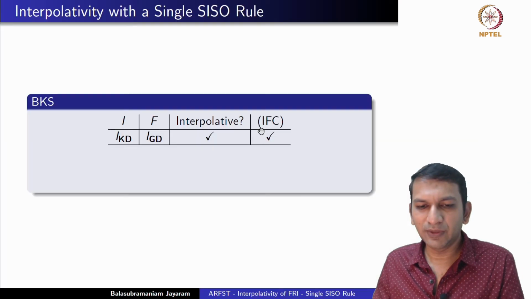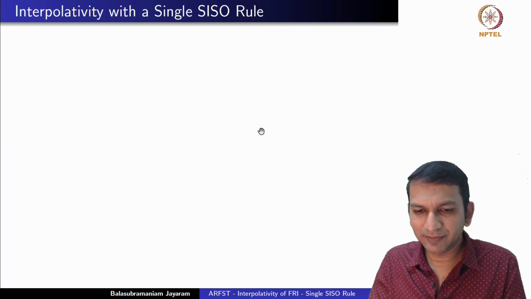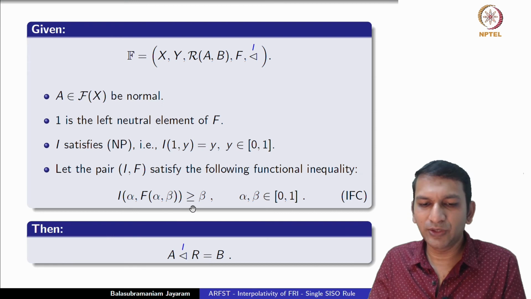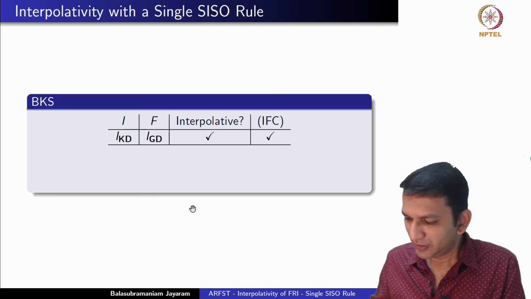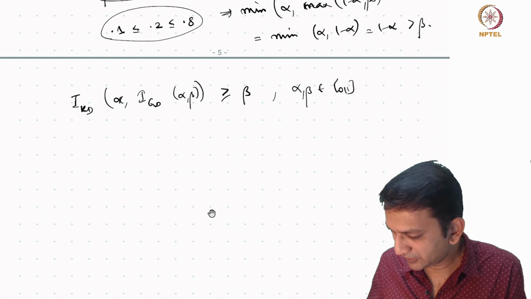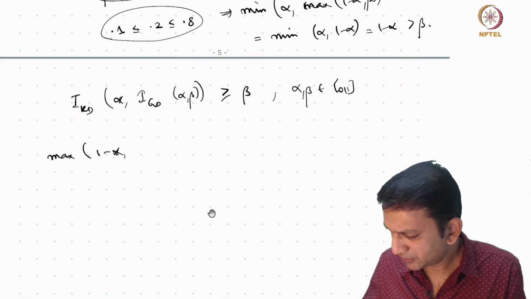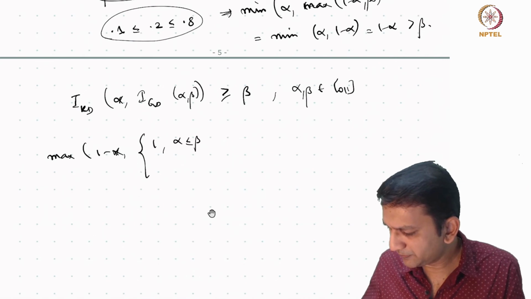Now that is the inequality that we have here, greater than or equal to beta. What is this? The left hand side is maximum of 1 minus alpha, Gödel is 1 if alpha is less than or equal to beta, beta if alpha greater than beta.